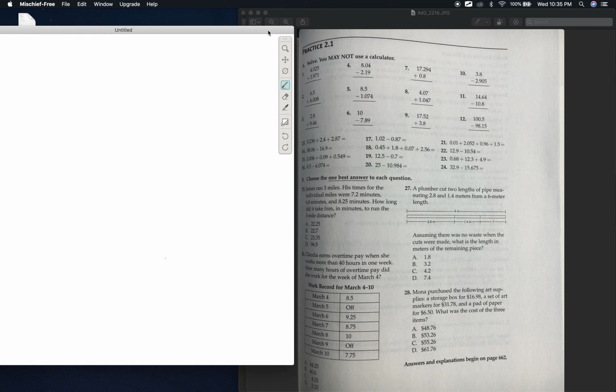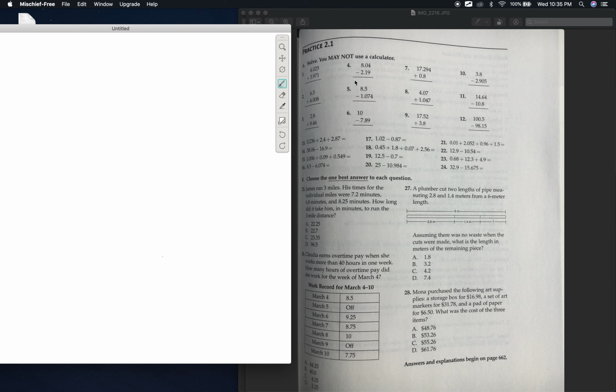Let's see. Okay. B. Choose the one best answer to each question. James ran 3 miles. His times for the individual miles were 7.2 minutes, 6.8 minutes, 8.25 minutes. How long did it take him in minutes to run the 3-mile distance?